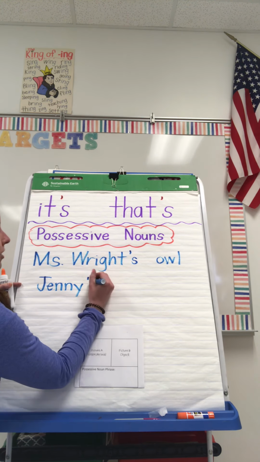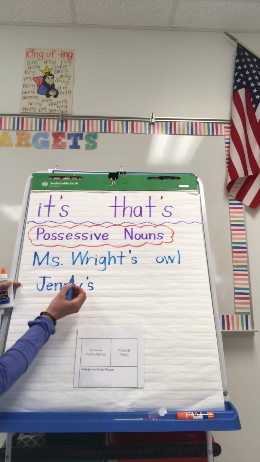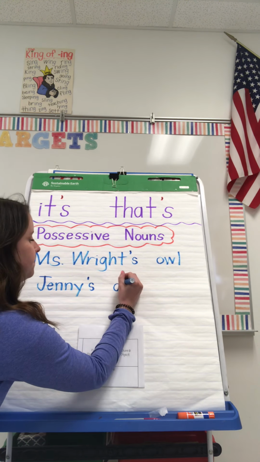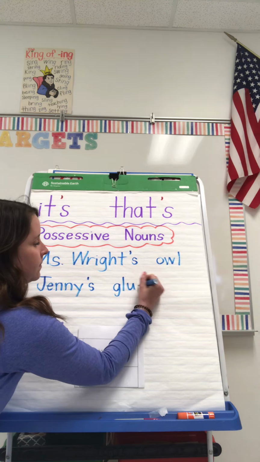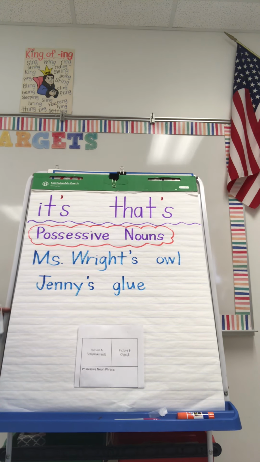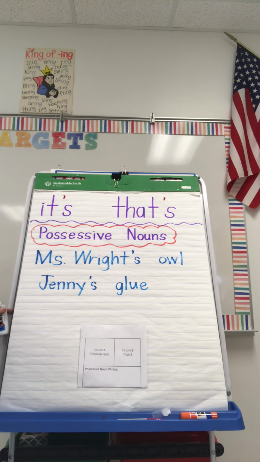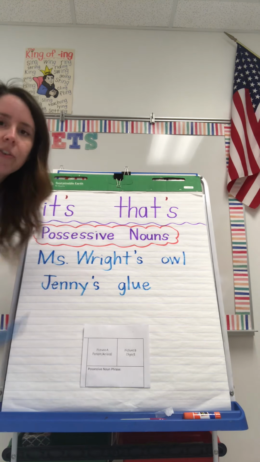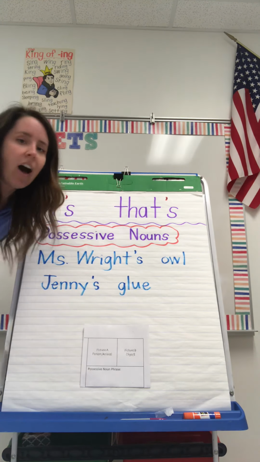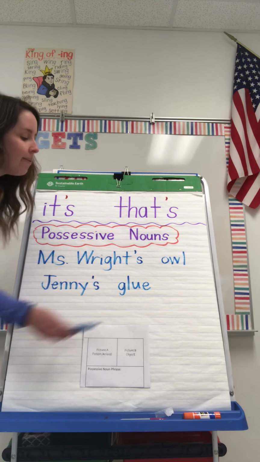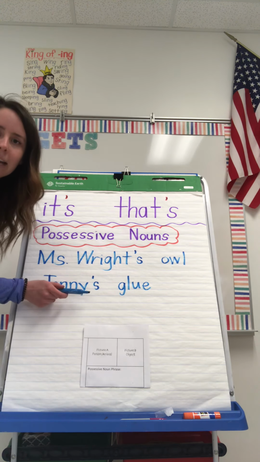I'm going to put an apostrophe S. That tells us that the glue belongs to Jenny. Jenny's glue. So here are two examples of possessive nouns. We know that the owl belongs to Miss Wright, and we know that the glue belongs to Jenny.